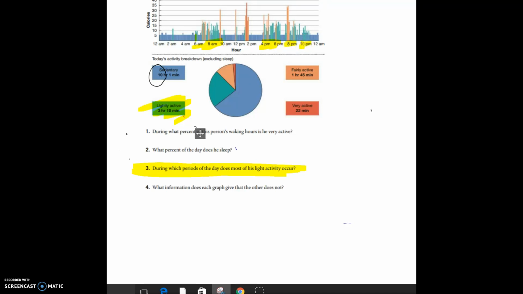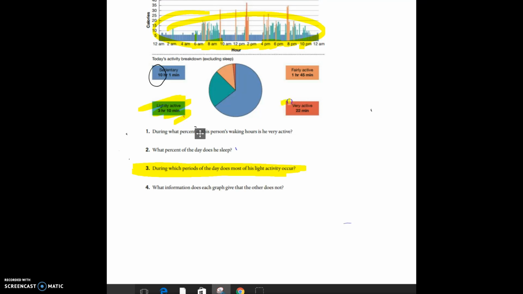And then 4, what information does each graph give that the other does not? This bar graph up here shows when he exhibits all activities throughout the whole 24-hour day, but you don't really get to see the exact minutes, just in general, not exactly how many minutes he's doing each thing. The pie graph tells you the total time that he spent when he was awake, but you don't really know when those things occur.